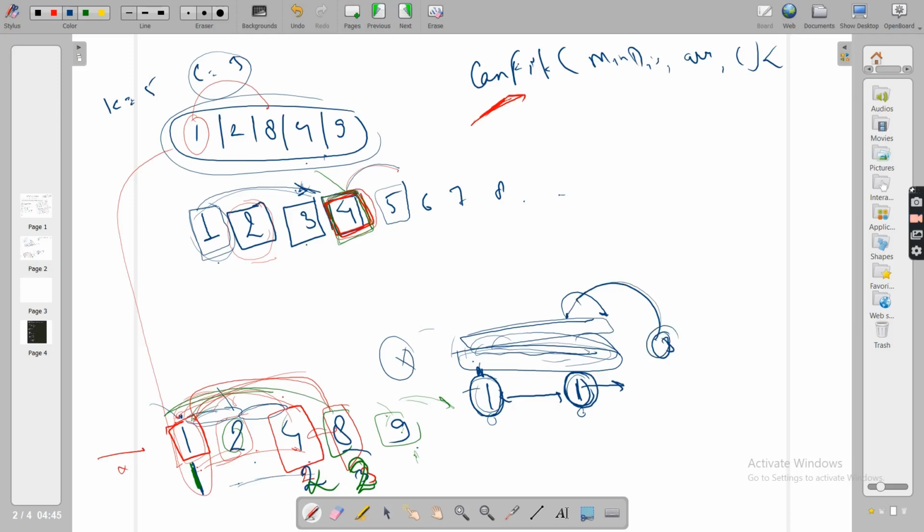So once you encounter a value with which you are not able to fit the cows with at least this distance between them, if you keep this 4 distance, and if you increase the distance from 4 to 5, 6, 7, 8, then obviously with 4, which was the lesser distance, you're not able to keep all the cows in one place.